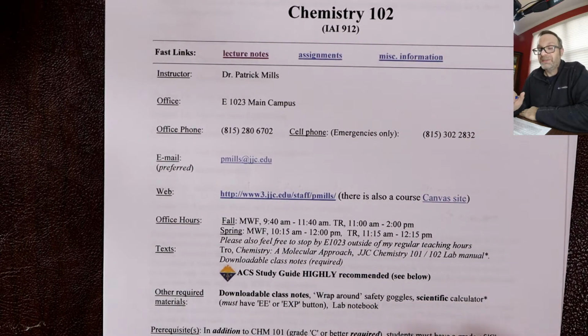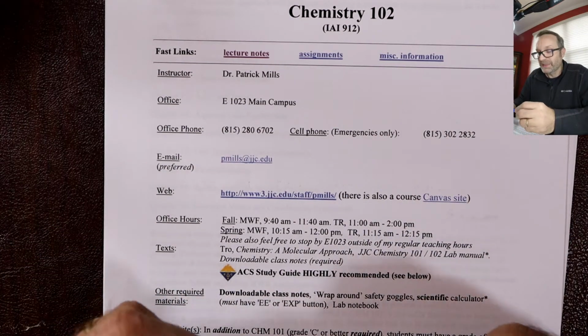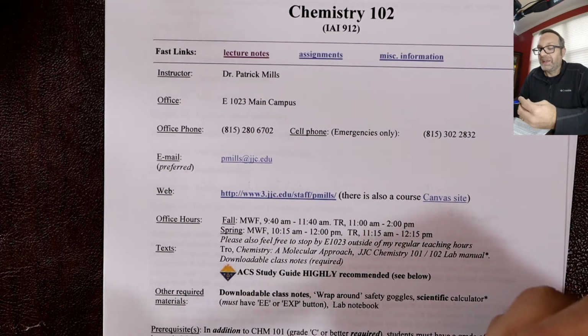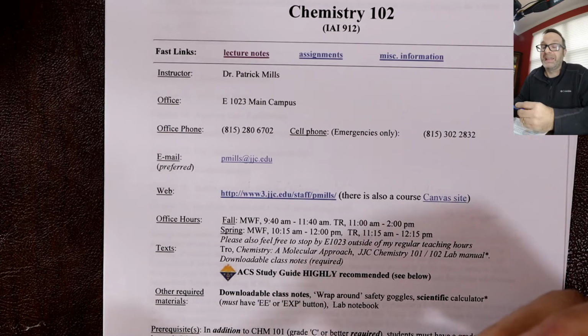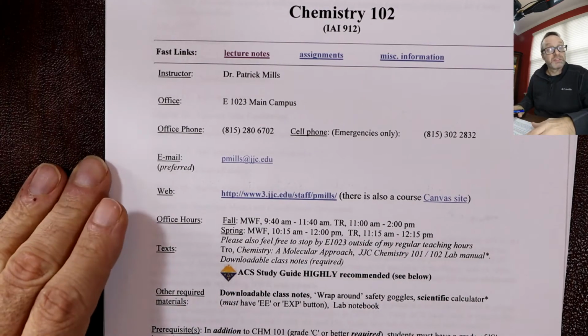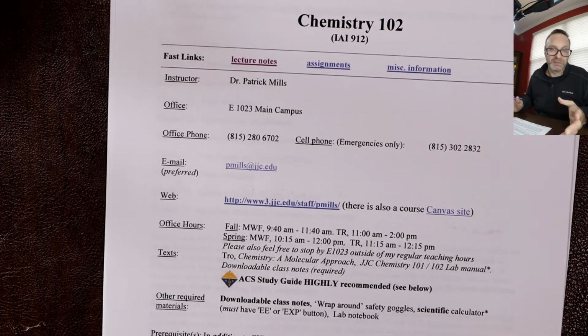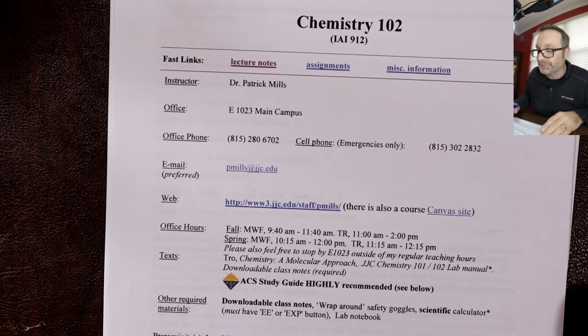So if you want to transfer to whichever school in Illinois, just tell them you got IAI 912, and they'll give you credit for General Chemistry 2. It also transfers out of state, but that's school dependent. You'd have to talk to their registration or admissions office. But it usually does.